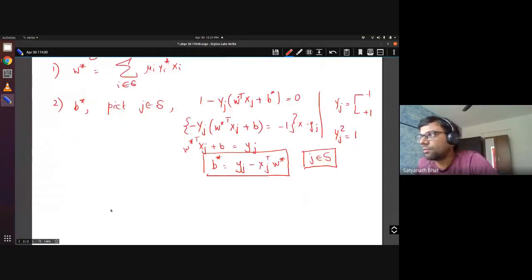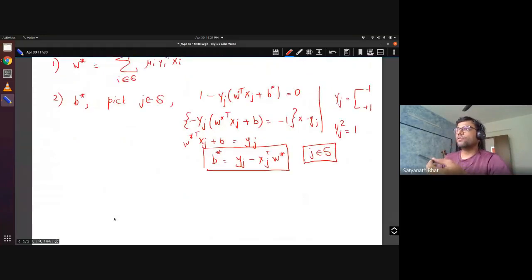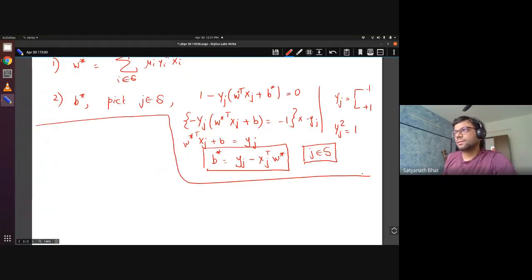So now all we need to do is describe how you will use this algorithm. Once you have W star and B star, suppose I give you a test point, xt.